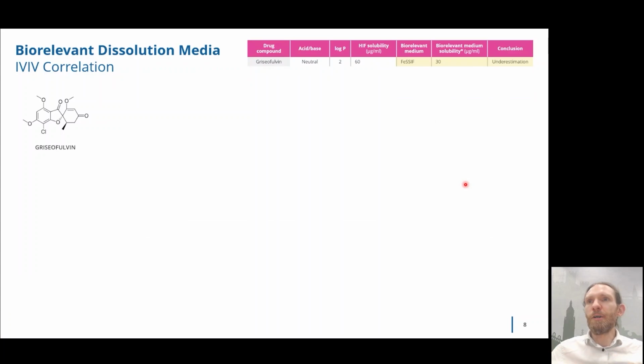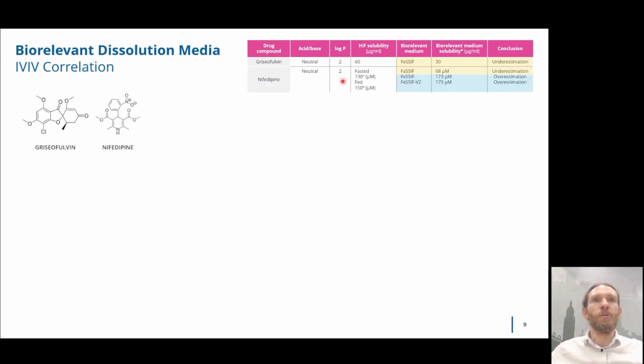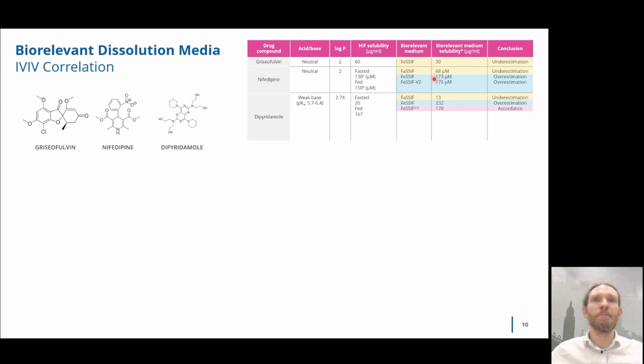So we have our collection of molecules that was tested in the simulated fluids. Griseofulvin, which is a neutral molecule, exhibits solubility in human intestinal fluids of 60 micrograms per milliliter, and in FaSSIF shows underestimation of the actual solubility. Nifedipine is also a neutral molecule, and in FaSSIF will show underestimation as compared to the fasted state, 130, and the solubility in FeSSIF, both version 1 and version 2, will show slight overestimation of the actual solubility.